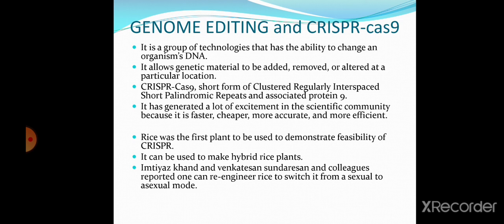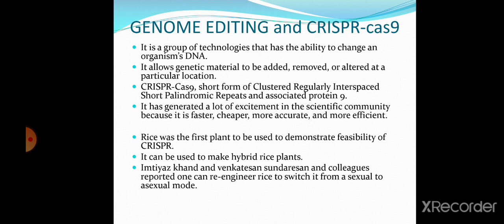The first plant to be used was rice. The gene editing tool CRISPR can be used to make hybrid rice plants that can clone their seeds. Imtiaz Khanday, Venkatesan Sundaresan and colleagues reported in a new study which clearly shows one can re-engineer rice to switch it from a sexual to an asexual mode.